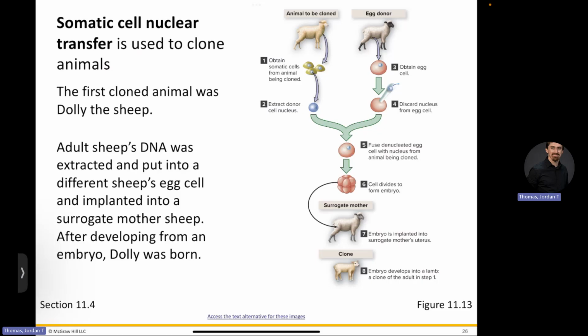So what we did, we had Dolly here. We took some of the Dolly cells and took out the nucleus. The nucleus had all the DNA for Dolly.